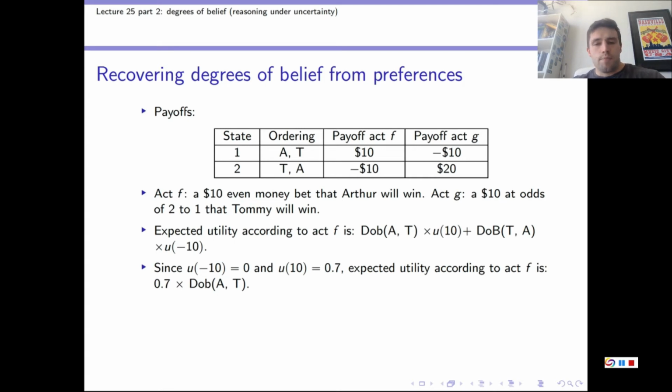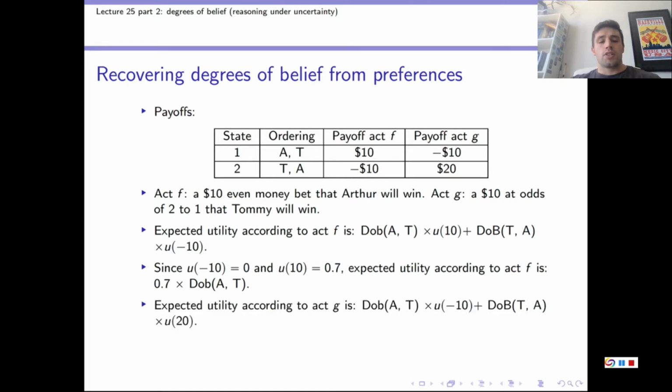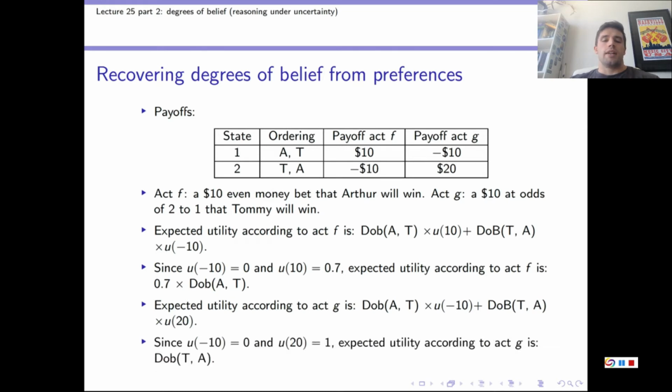Now pause again and think about what the expected utility according to Act G is, and when you've done that, move the video on because there'll be another question. The expected utility according to Act G is the degree of belief in AT times U of -10 plus degree of belief in TA times U of 20. And again, when we substitute the values in, we've got U of -10 is 0 and U of 20 equals 1, so this simplifies to just degree of belief in TA.